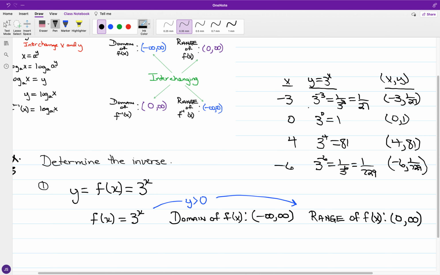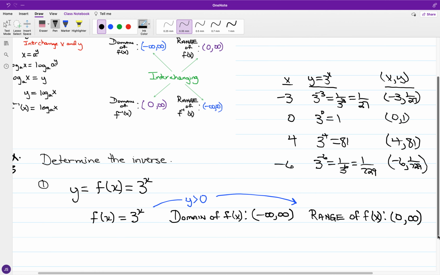And notice for the output in y, whenever x is negative, your y comes out to small fractions, but it's still positive. And so that's the reason that the range is going to be positive values throughout.